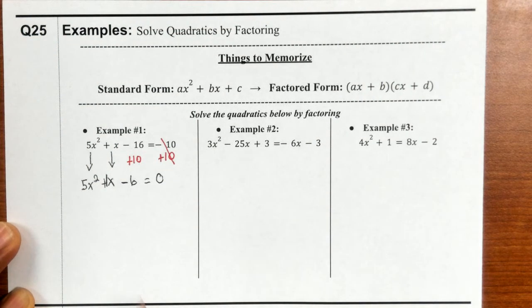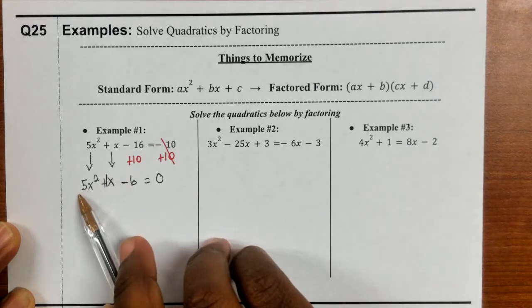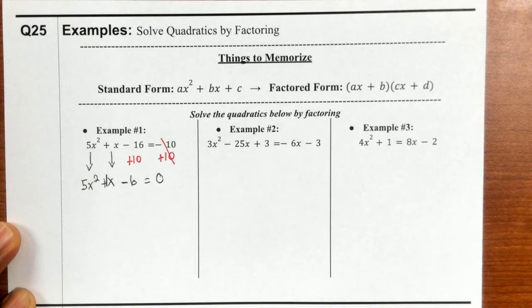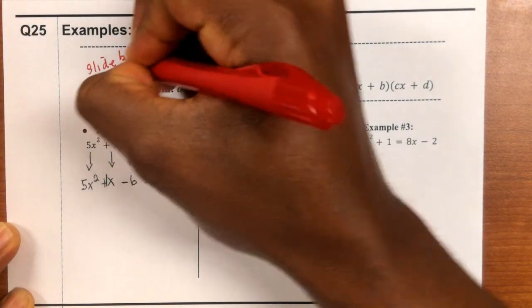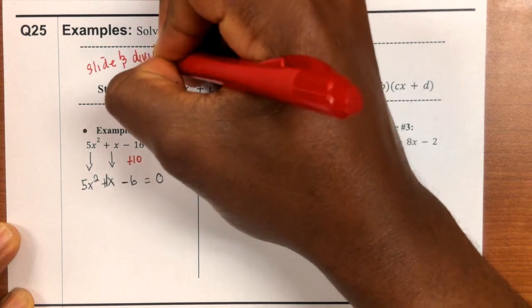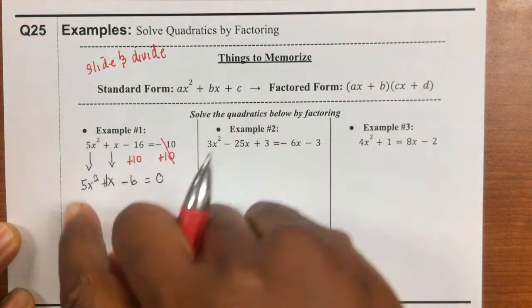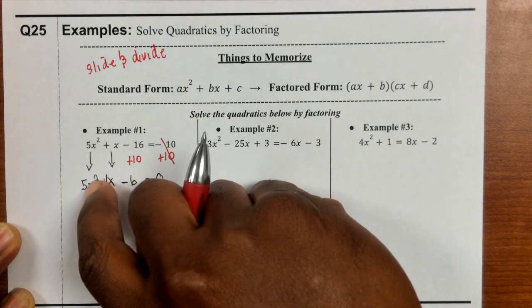So now I need to factor this, okay? Anytime that a question wants you to factor and the number that's in front, the leading coefficient, is greater than 1, you need to use the method called slide and divide. You use slide and divide when the number in front of your x squared is greater than 1.